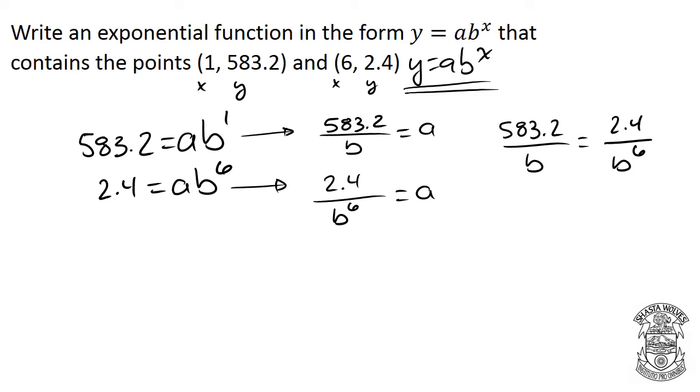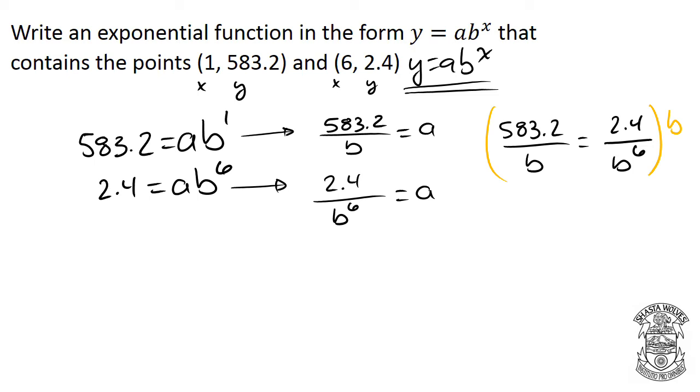I'm going to multiply both sides of this by b to the 6th power. That's what I'm going to try. I'll put parentheses around it and try to show this. So I'm going to multiply both sides by b to the 6th.